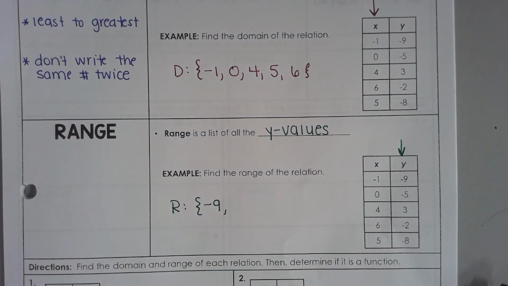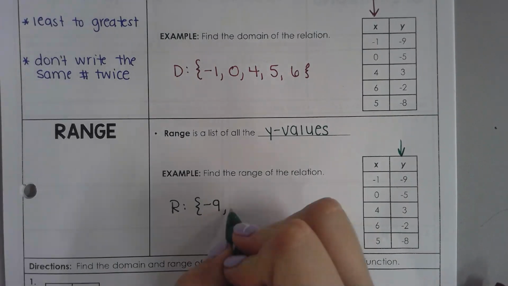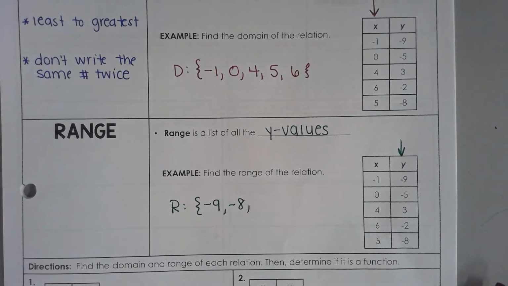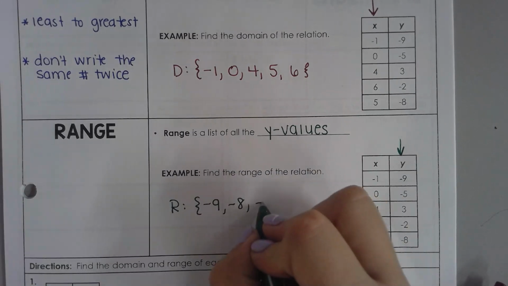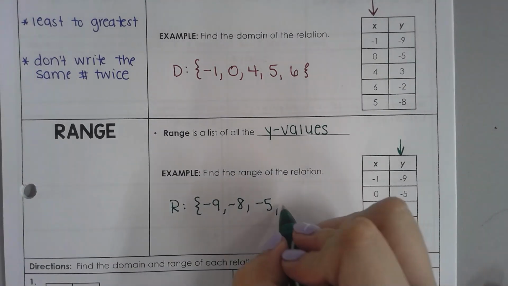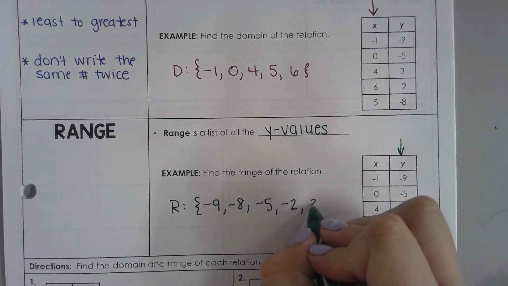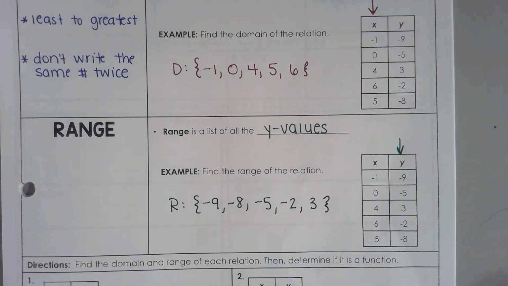What's the next one, Amanda? Good. Then what, Creed? Negative 5. Yes. Which leaves us negative 2 and then 3. This is not so bad, right? Shouldn't be terrible.